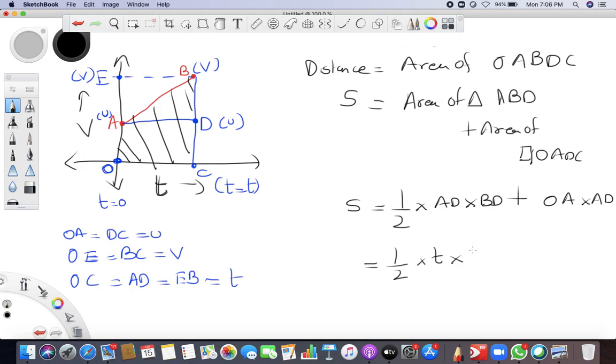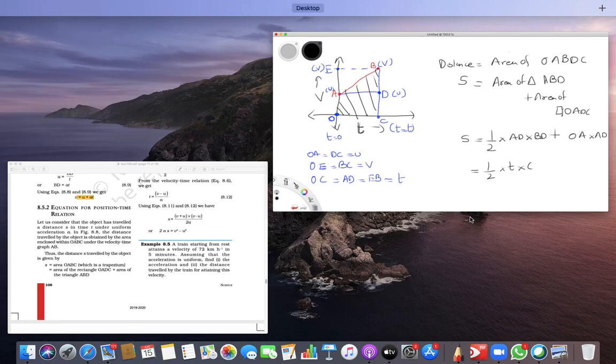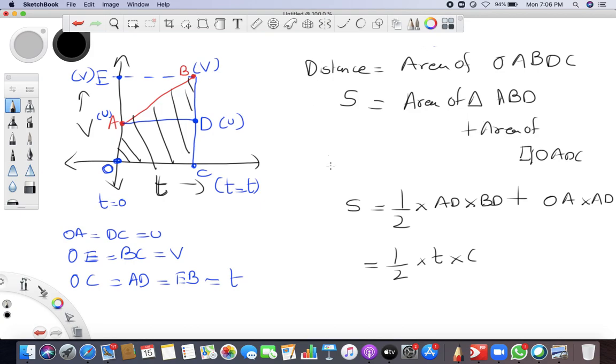What is your BD? We remember, what is your BD? BD, I'll tell you, okay? So here we have mentioned, remember acceleration is equal to BD upon T. So BD is equal to AT. So here we will write down AT plus OA.